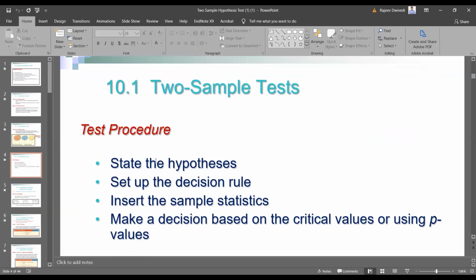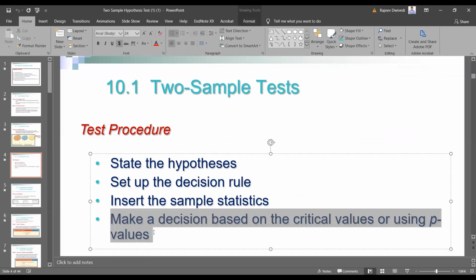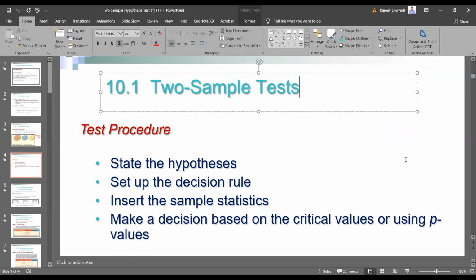So what is the process? State the hypothesis that we just learned, set up the decision rule, 5% significance or 10% significance or 1%. Insert the sample statistics, the sample data that you have collected, and make the decision based on critical values or using p-values. Both are ways to do that.